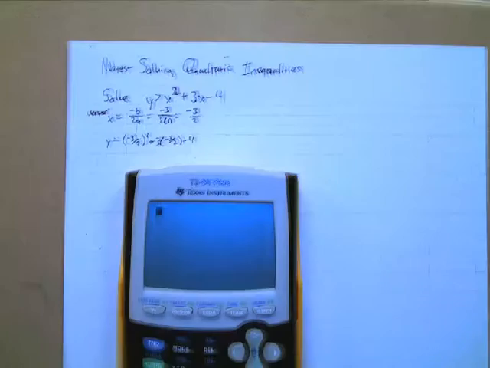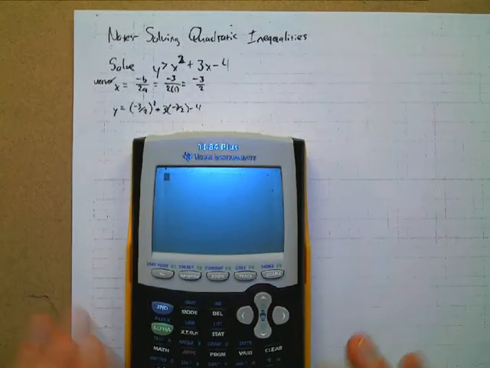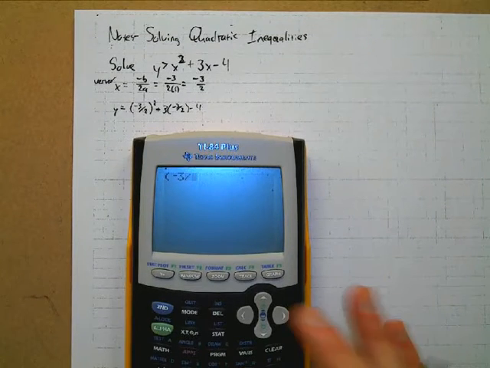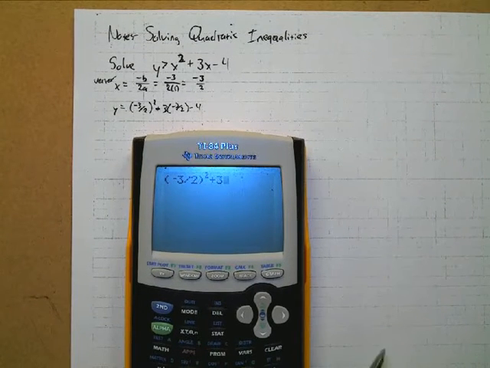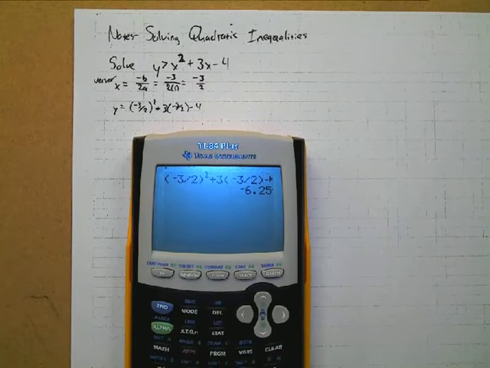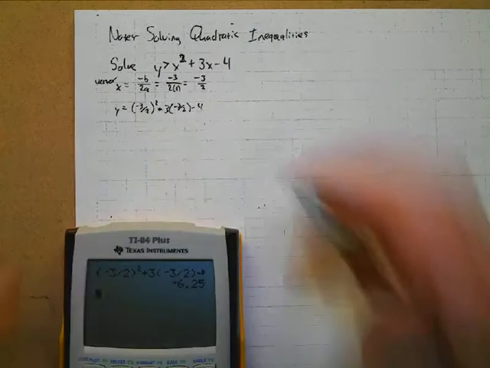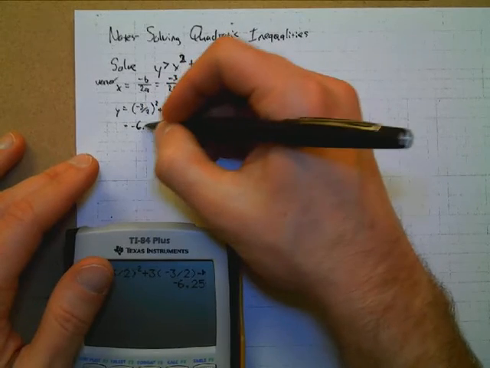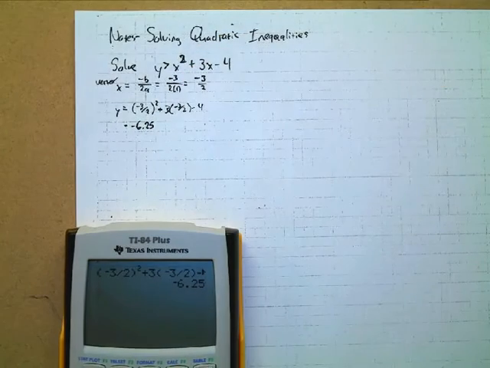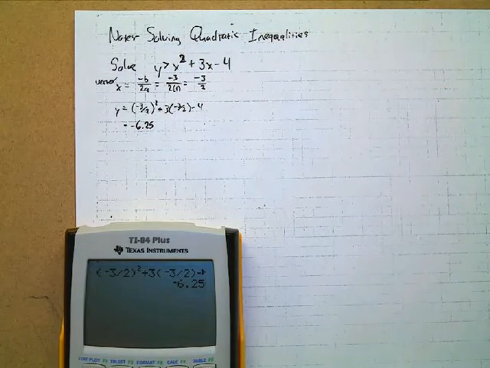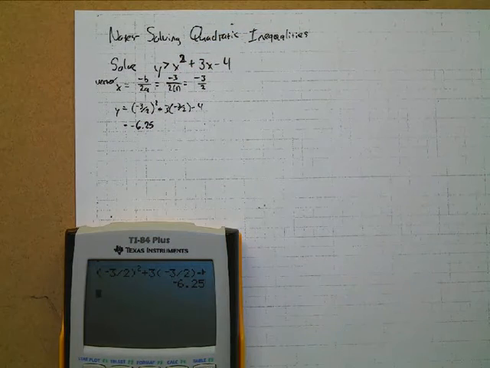Negative 3 over 2 squared plus 3 times negative 3 over 2 minus 4. So negative 6.25. Okay. So that's going to be our vertex: negative 3 halves, comma, negative 6.25.